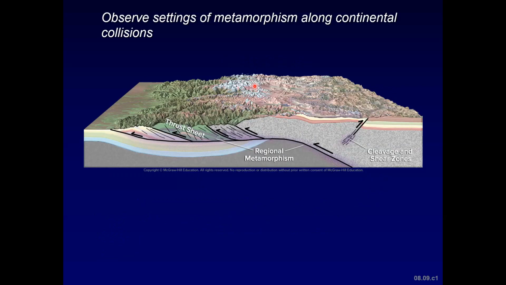All right, we'll look at the same thing but along a continental collision like the Himalayas. So once again, metamorphism is shown in purple like so. We have a huge thrust fault forming as one continent is thrust beneath another.